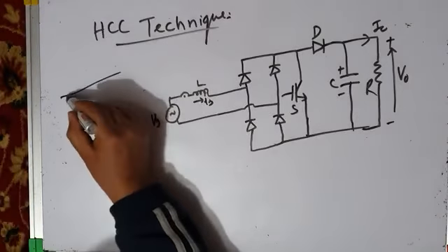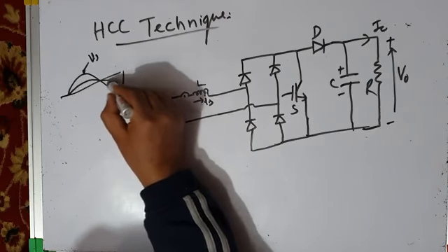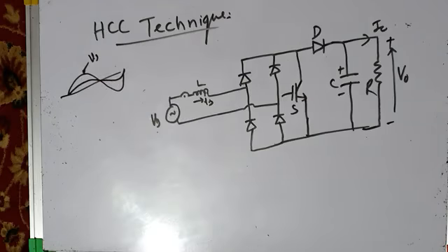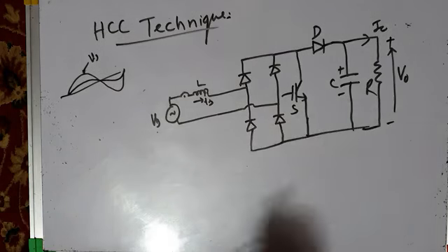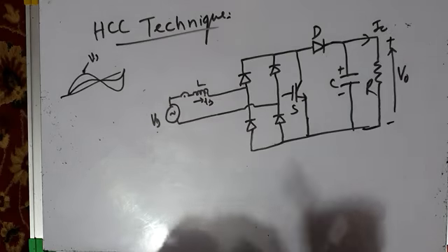That means if this is the source voltage, your source current should be sinusoidal like the voltage, and it should be in phase with the voltage. How to achieve that? Simultaneously, the other control objective in this case is to maintain the DC bus voltage or output voltage constant.